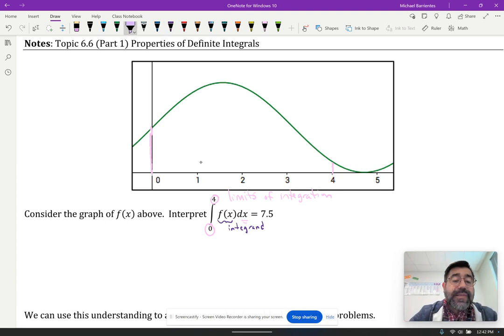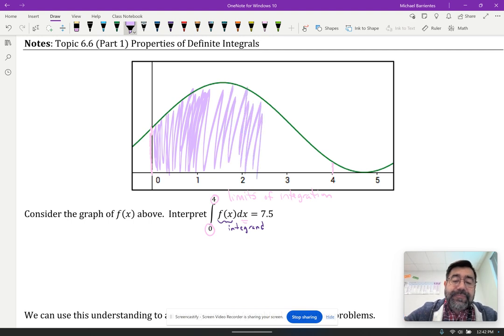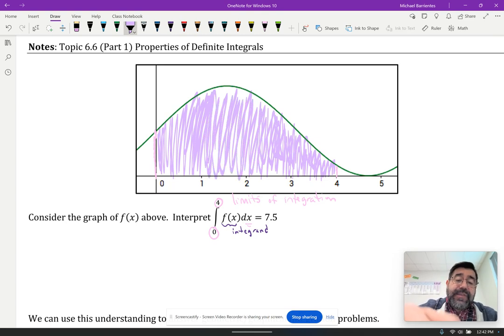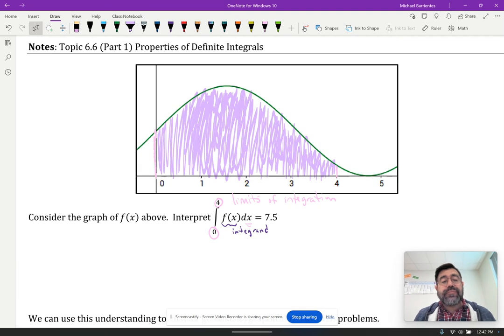What that really means is we're looking for all of this shaded region between the function and the x-axis. And someone has found out that that area, or accumulation, is exactly 7.5. Our job in the coming weeks is to figure that out as well, once we know the function formula. If we're given an equation for f of x, we'll be able to do that.